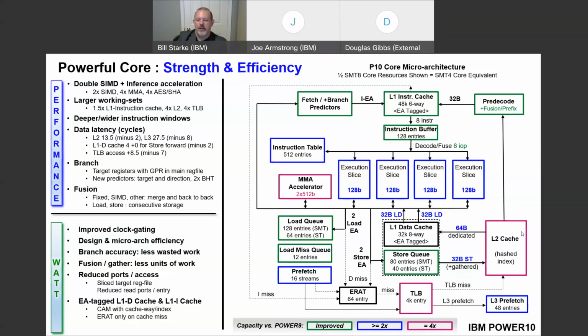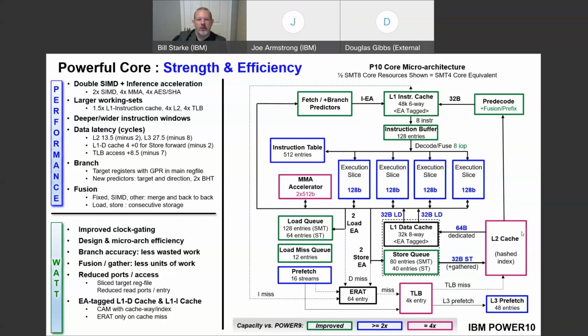And the translation look-aside buffer increases our reach so that we can simultaneously access a much broader range of memory, with the 4x size increase. So those are the major themes.